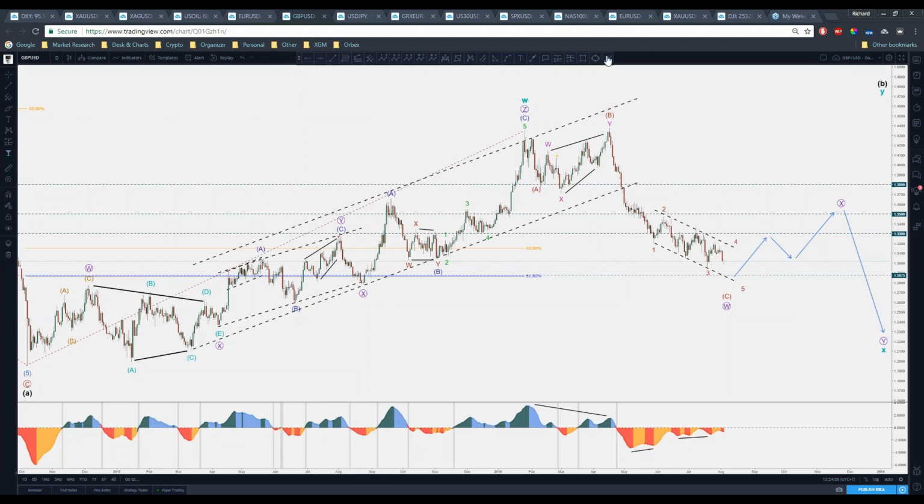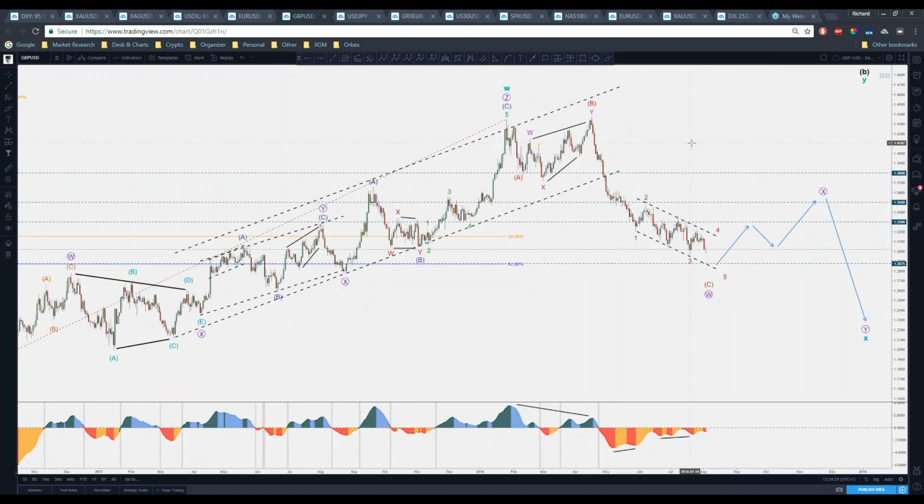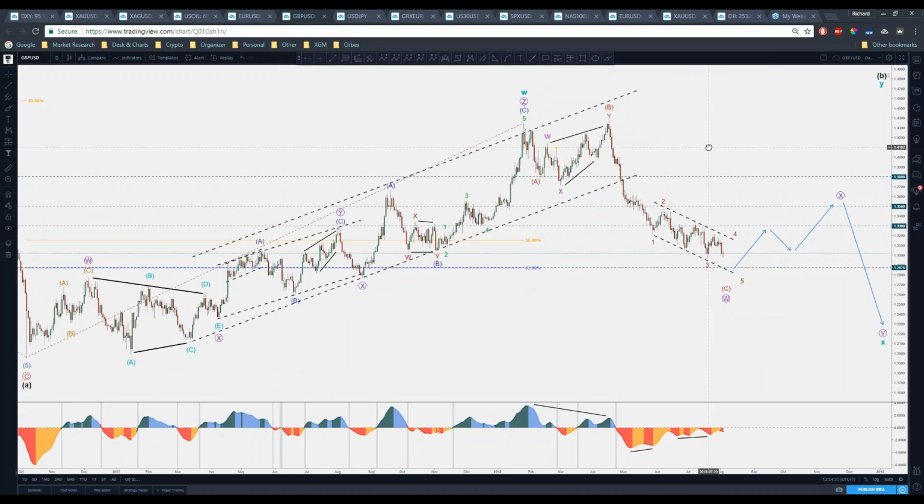Pound dollar on the daily chart, I'm labeling this as intermediate A, corrective WXY in this B, and then a C. This C leg, the intermediate C red, is in an ending diagonal, in which wave 1 is the longest wave, and all subwaves are labeled as ABC.